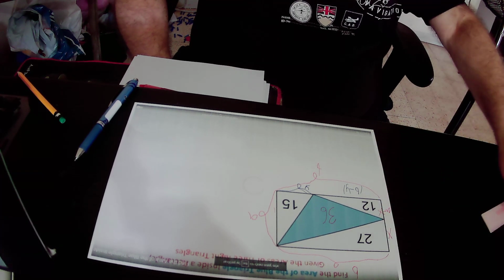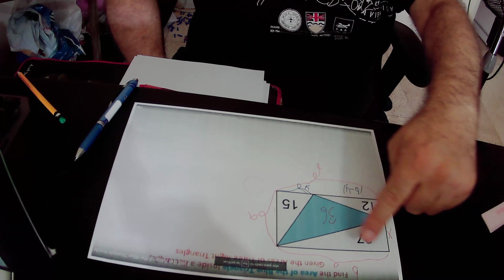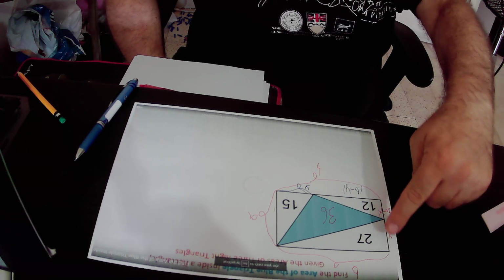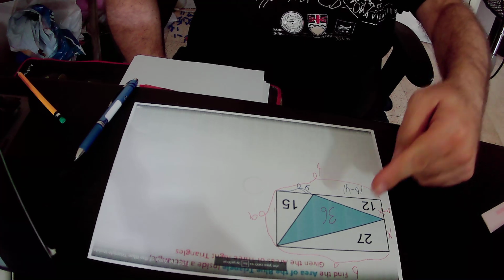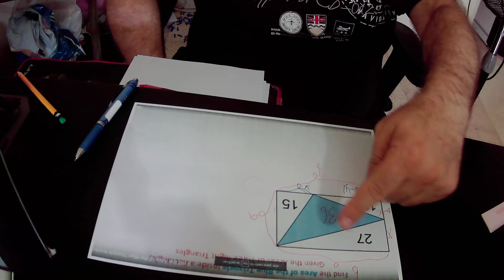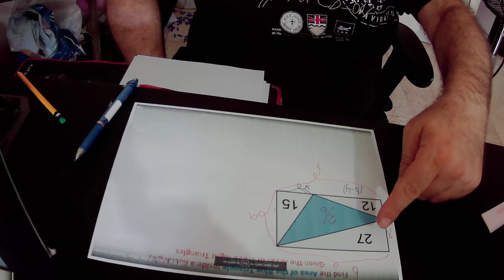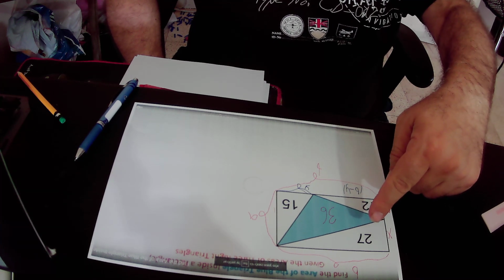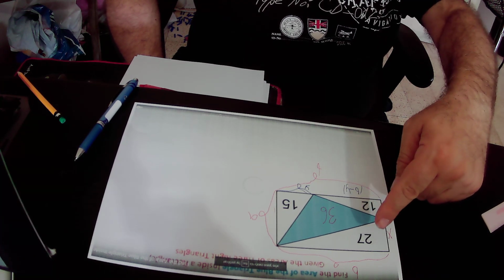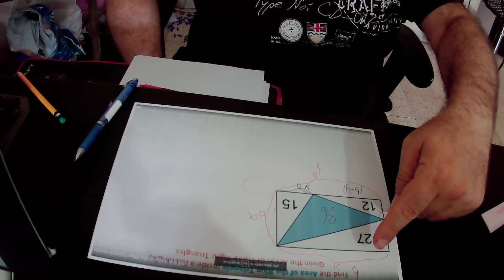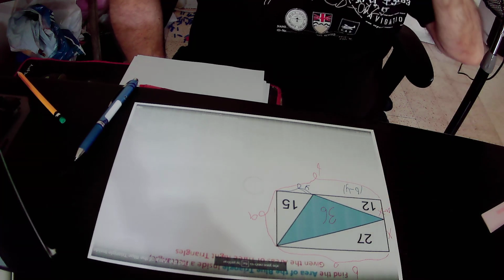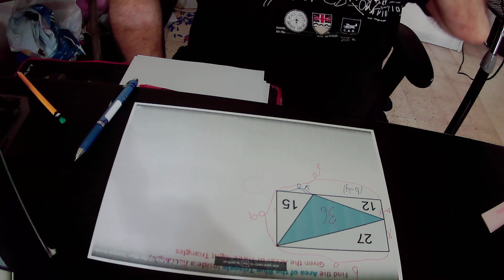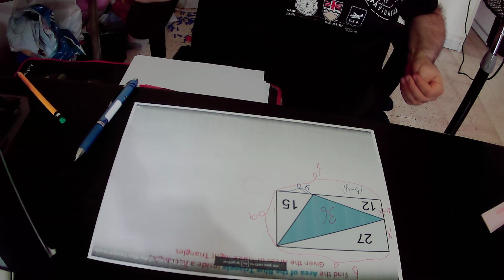That is also the base of the triangle, that is b, times the height of the triangle, that is x, divided by 2. So b times x divided by 2 equals the area of this triangle, which equals 27. This is the second equation that we created.